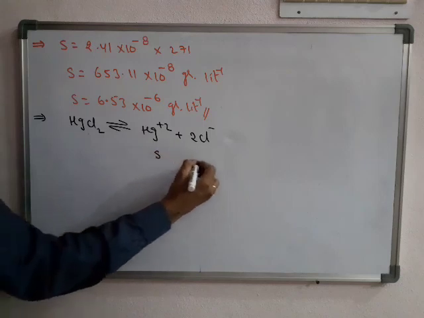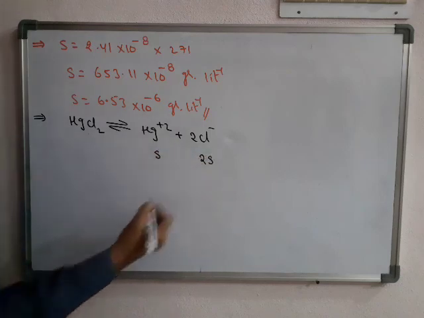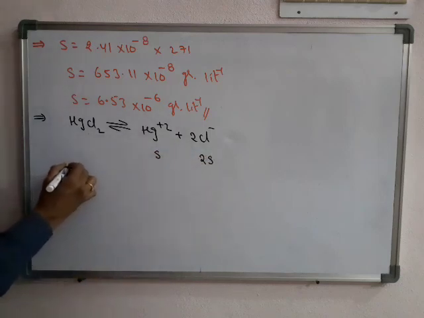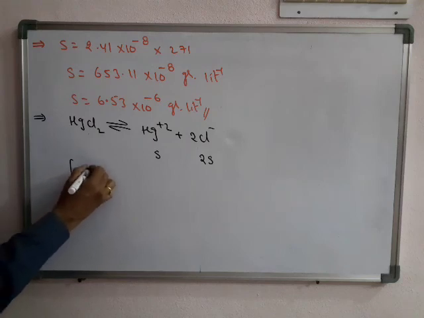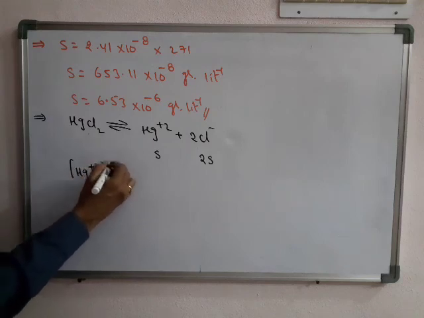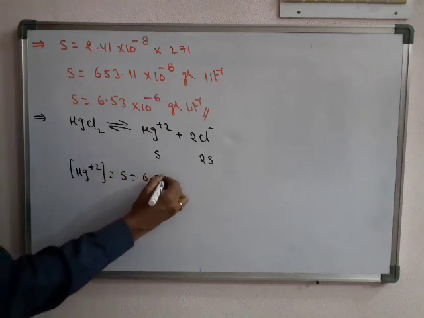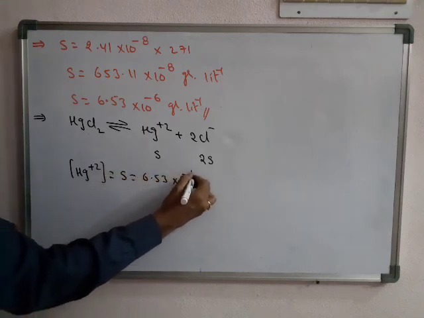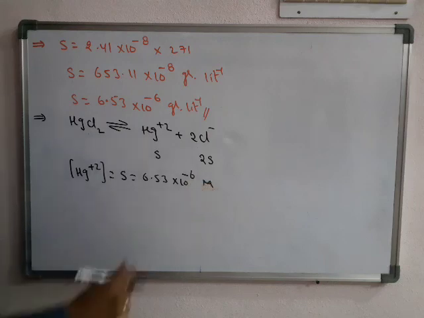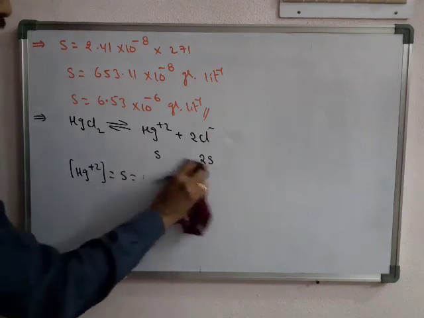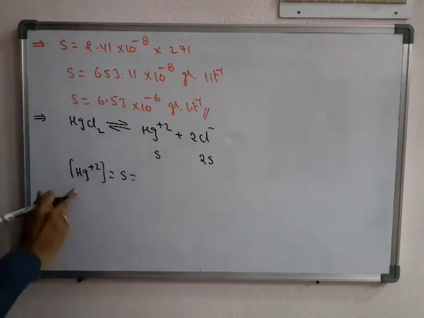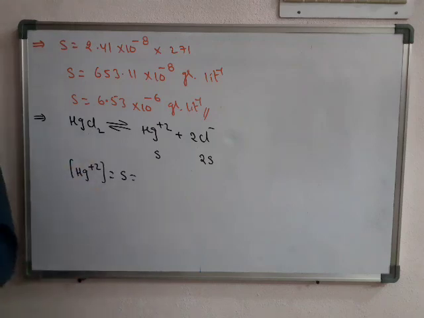Its solubility is s. So the molarity of Hg plus 2 in the solution is, sorry, we have to take it in terms of moles per liter, since the question is about molarity.